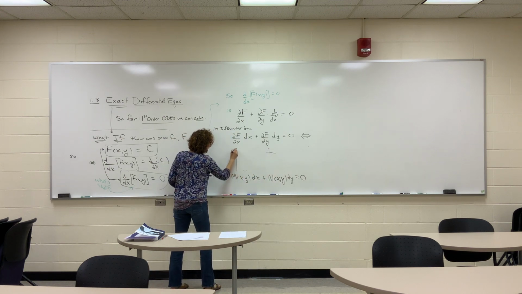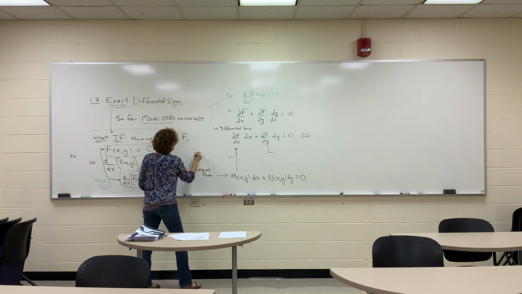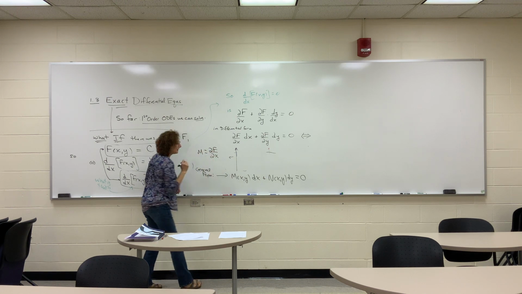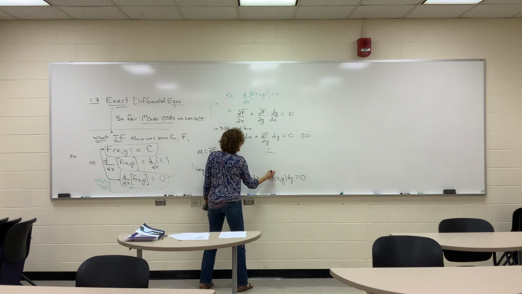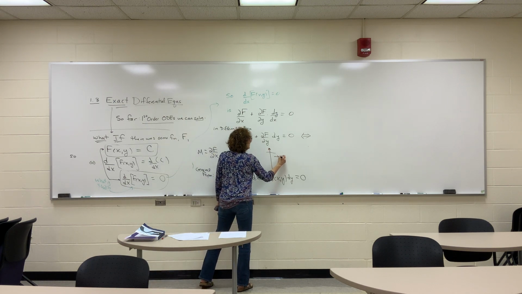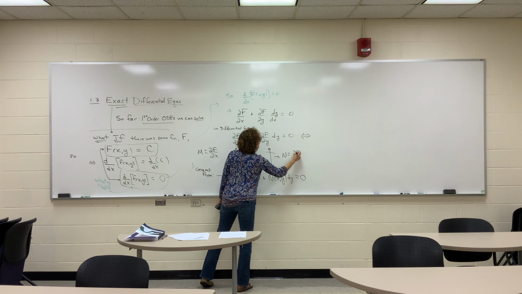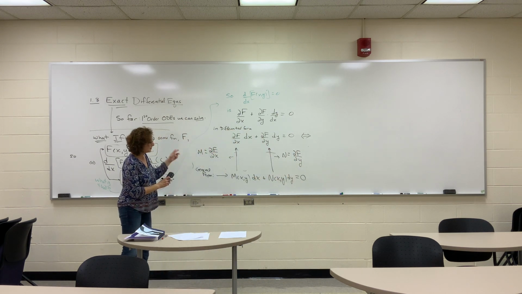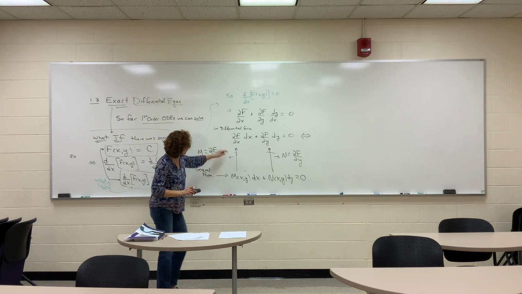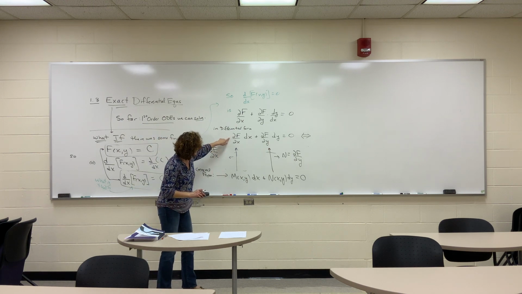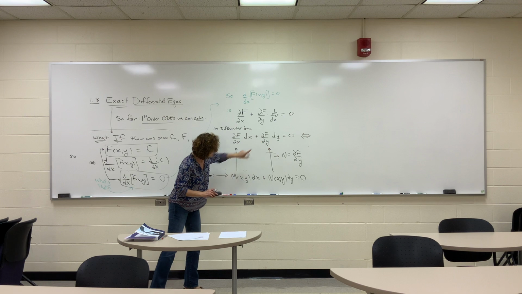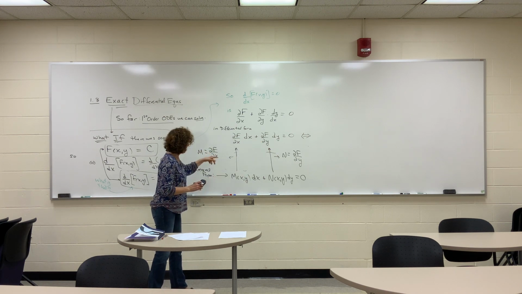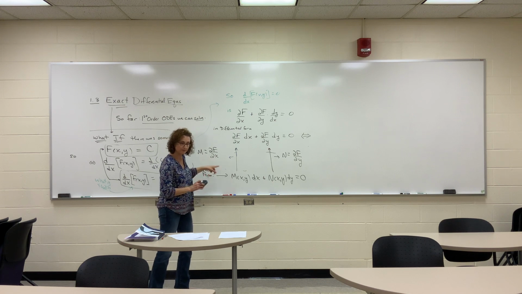We needed this m to be the partial derivative of f with respect to x, and we needed this n to be the partial derivative of f with respect to y. And we needed such a function to exist such that that was the case. Now, if you remember where this equation came from, it's fx dx plus fy dy, so you never forget what m is and what n is. M is just fx.